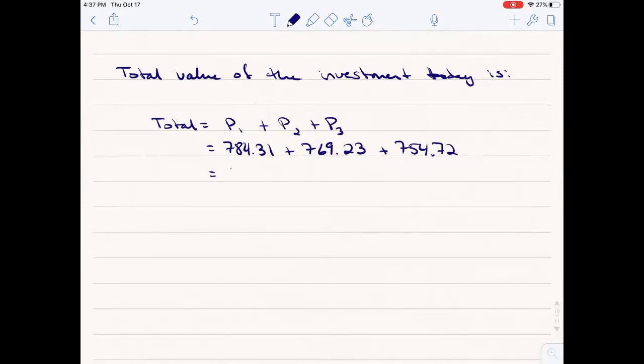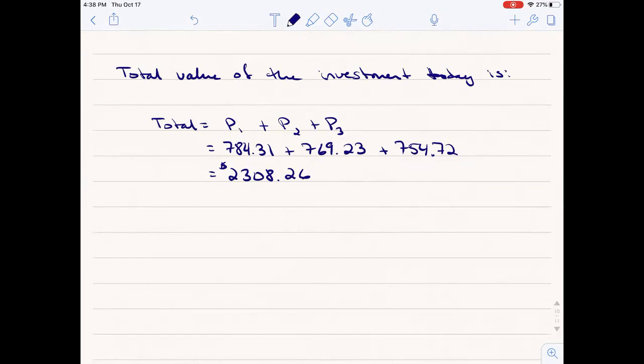I have 2,308.26 in my pre-baked answers here. What that's saying is that $2,308.26 today is equivalent to $800 at 4 months, then 8 months, and then 12 months from now. So those are the same.